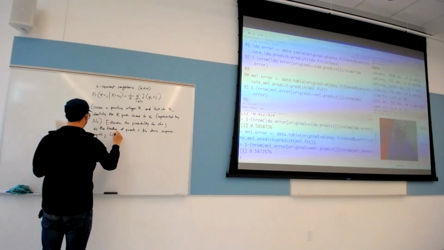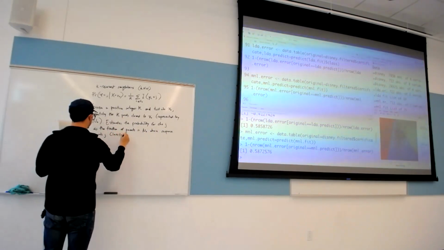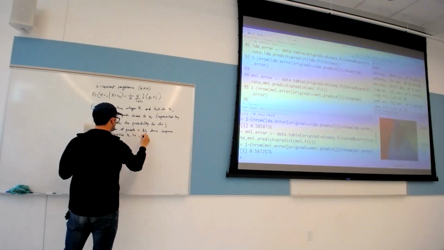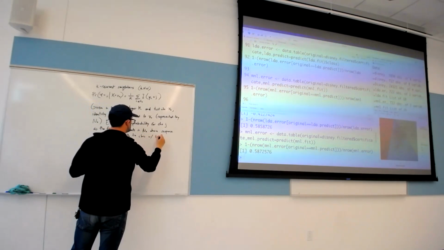And then it classifies x0 to the class with the largest probability.